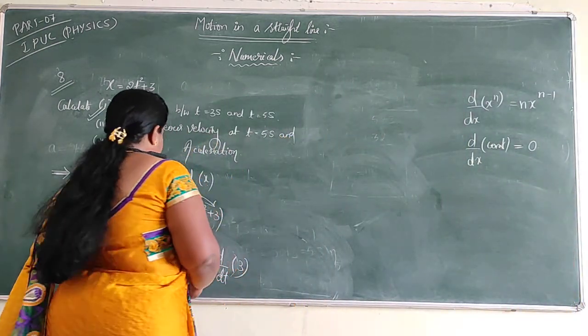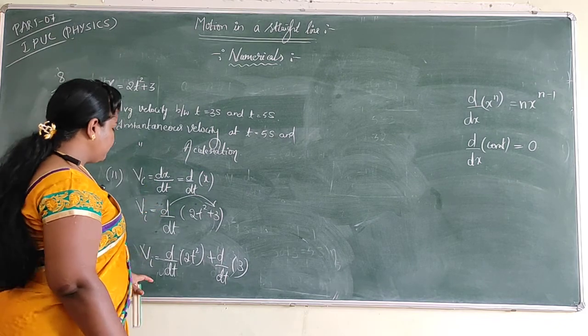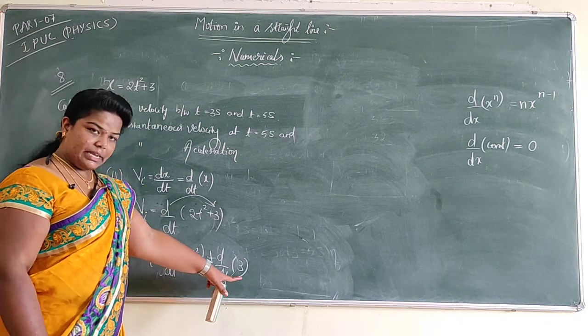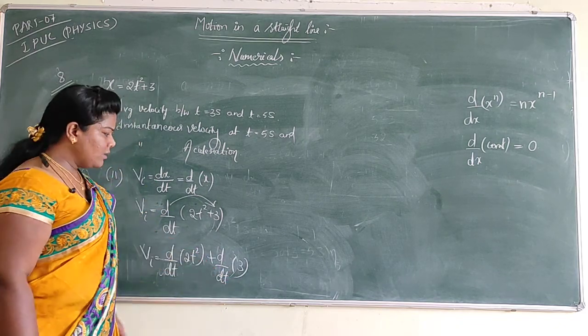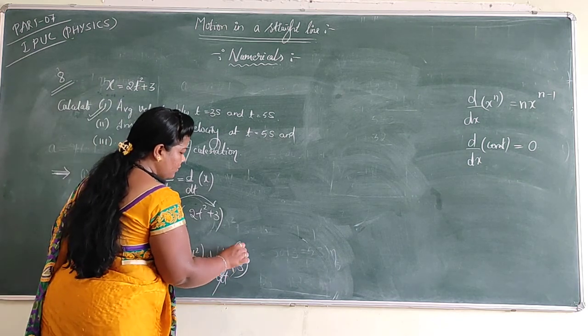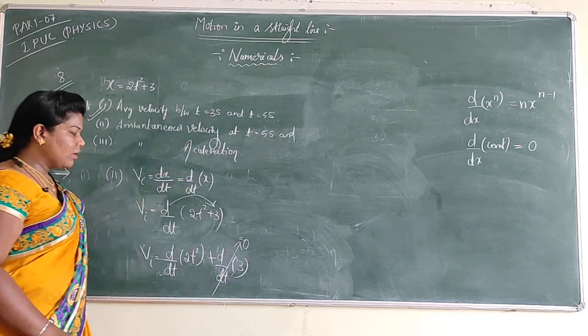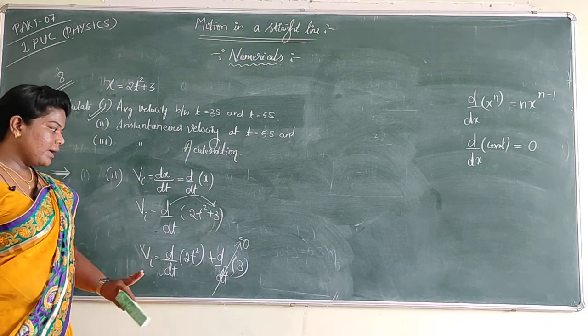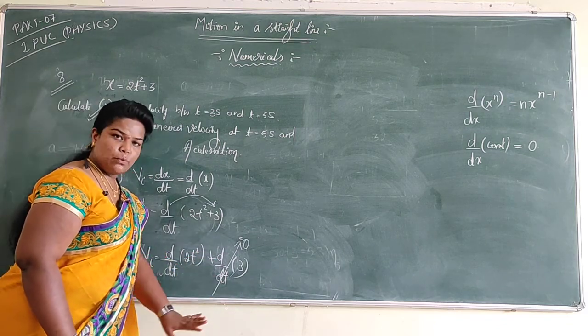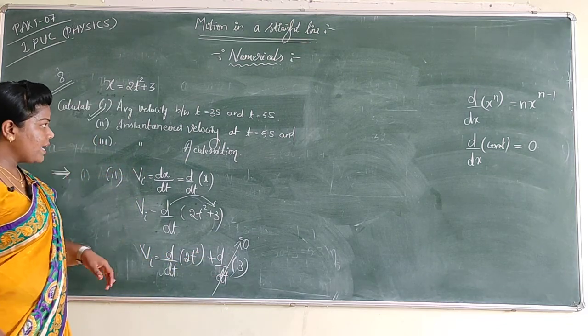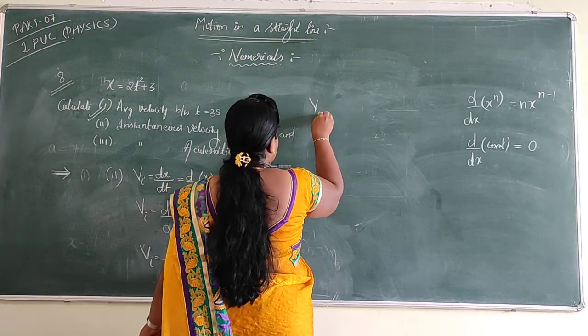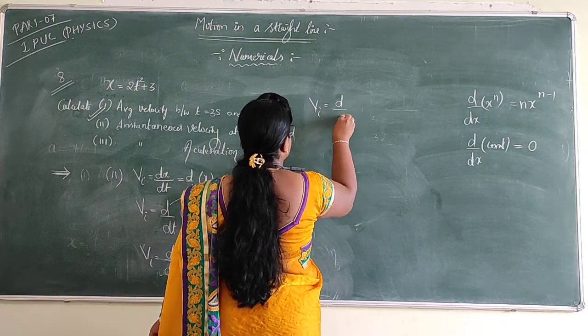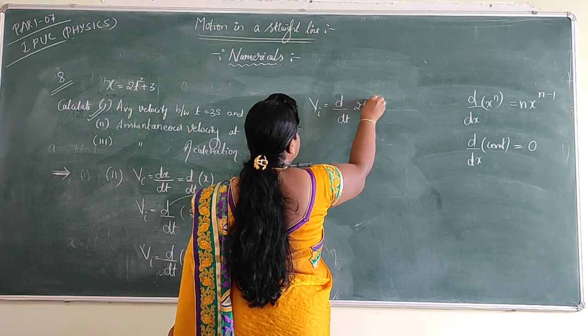Here d by dt of 3: 3 is a constant, so its differentiation is 0. That term vanishes. The remaining is Vi is equal to d by dt of 2t square.